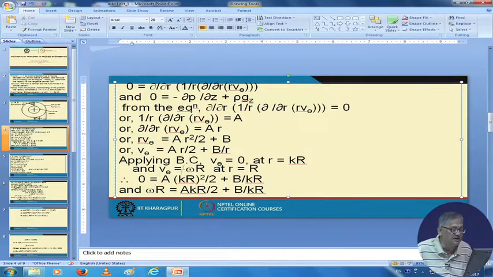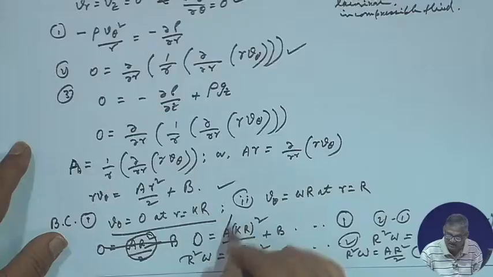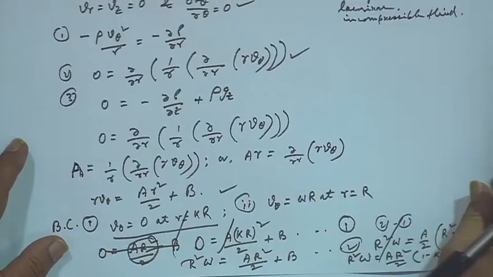So, in that case this will be A r by 2 plus this is B by r. So, that which we did a little here something difficult. Yeah. Now, let us rewrite here.